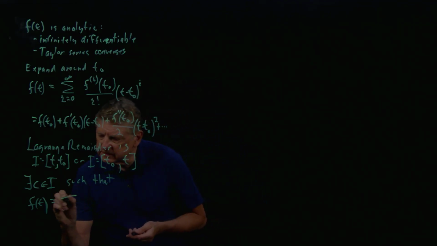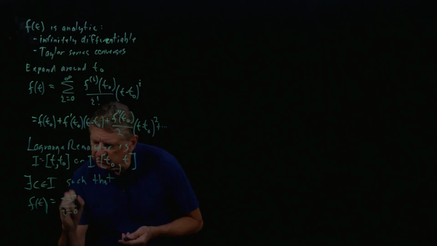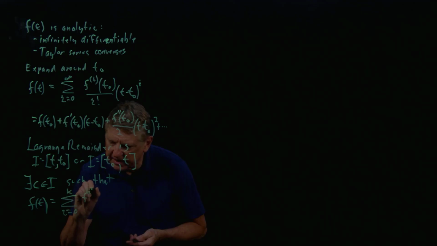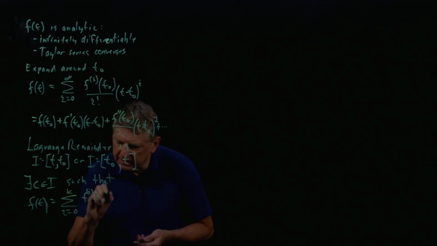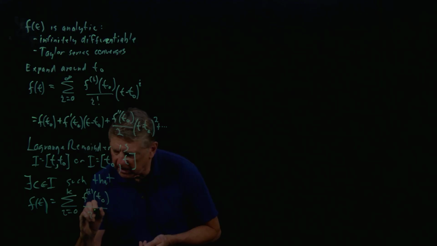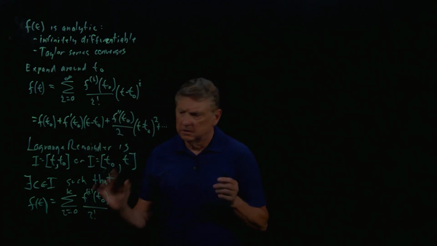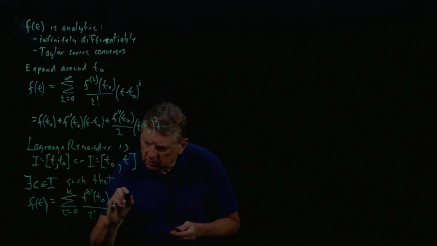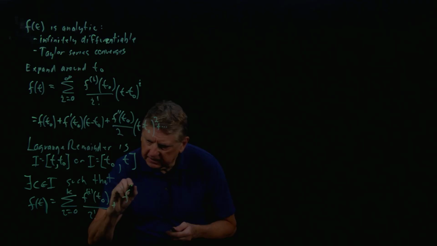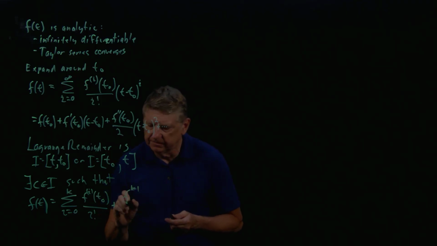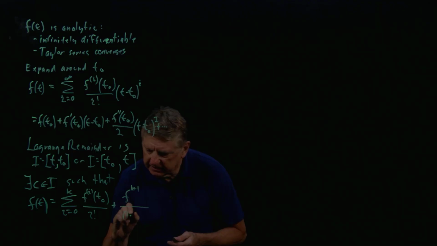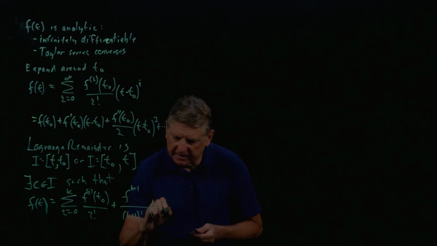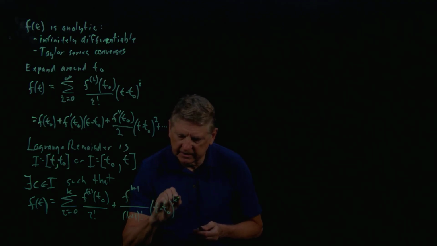So that is the sum as i goes from 0 to some value k of f to the power i evaluated at the expansion point over i factorial. That part stays. And then the Lagrange remainder is this. We take the k plus 1th derivative, divide by k plus 1 factorial, multiply by t minus t0 to the k plus 1.